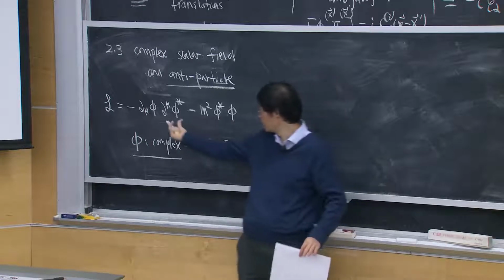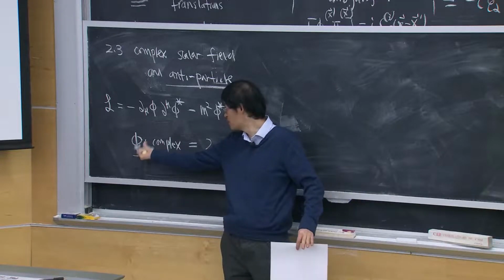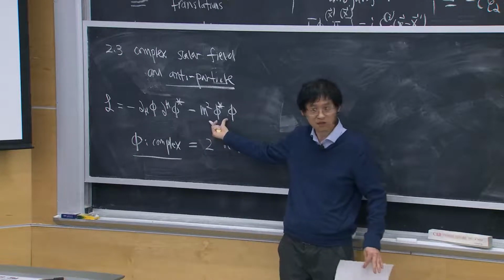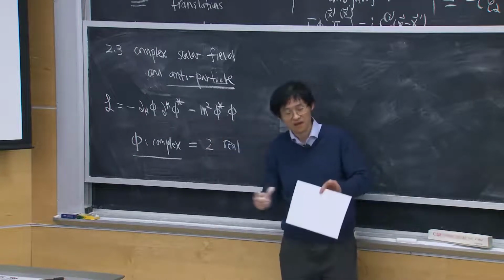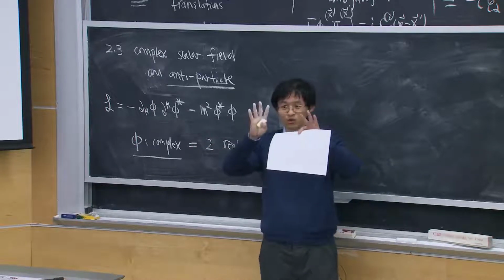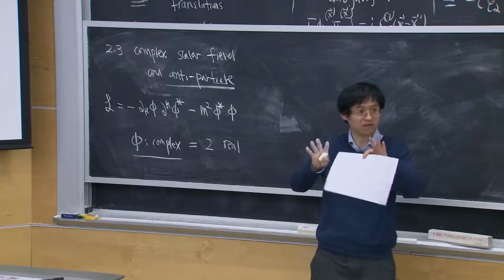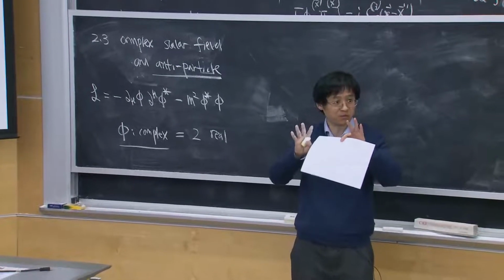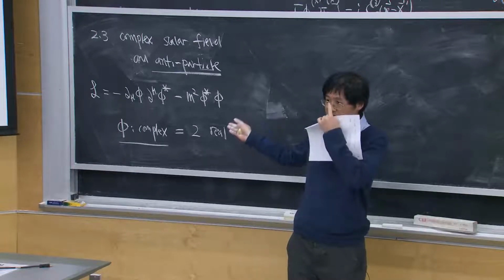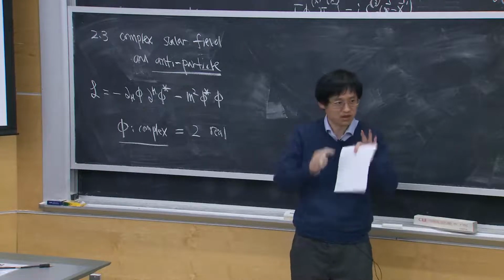If you write phi equal to a plus ib, it just becomes a squared plus b squared. So essentially we just get two copies of our previous theory. You say, oh, then it's trivial. Why should we consider this?